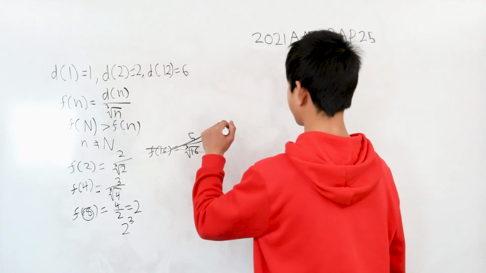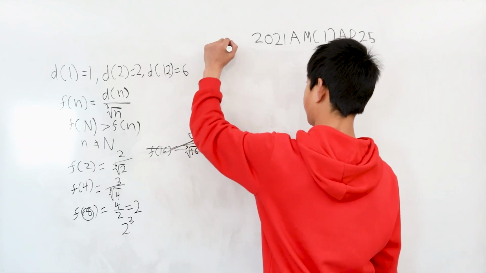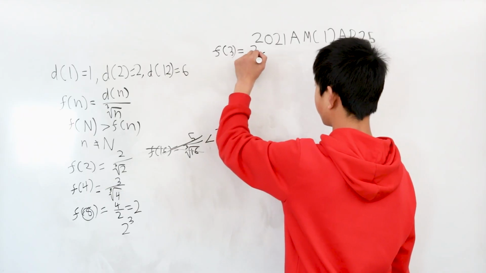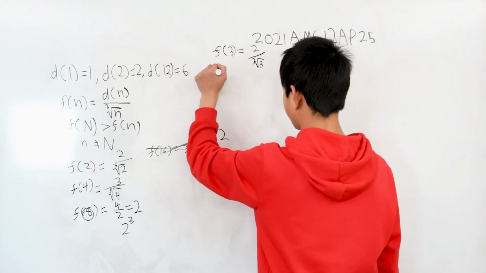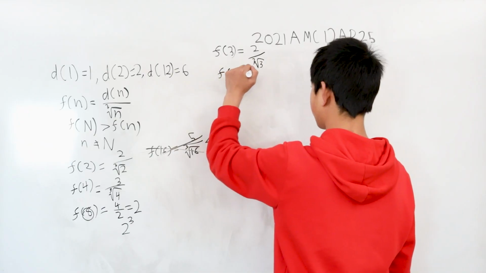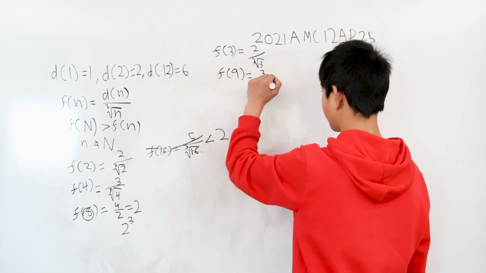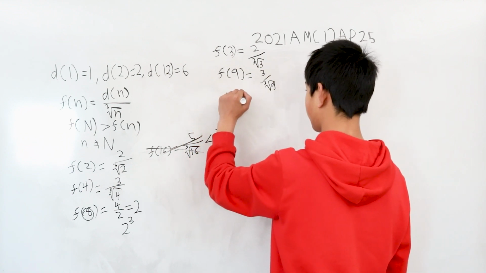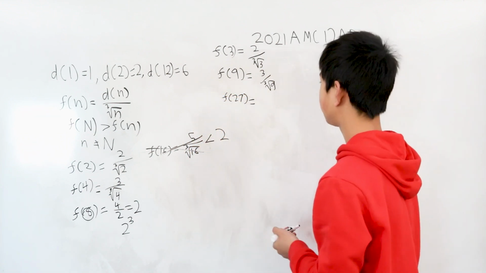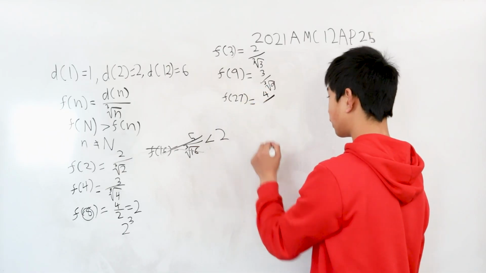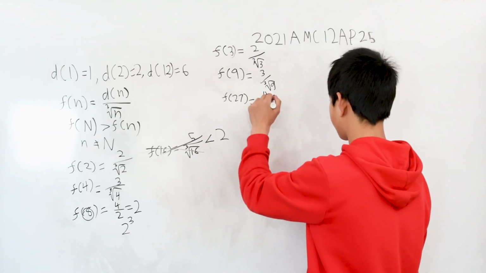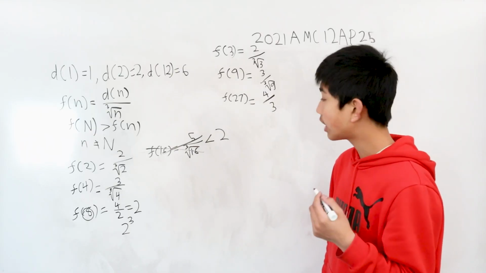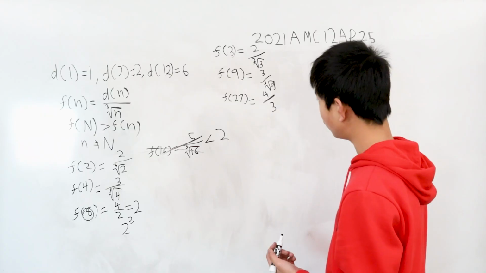Let's consider powers of 3. f(3) is simply 2 over the cube root of 3. f(9) is equal to 3 over the cube root of 9. And f(27) is 4 over the cube root of 27, which is 4/3.